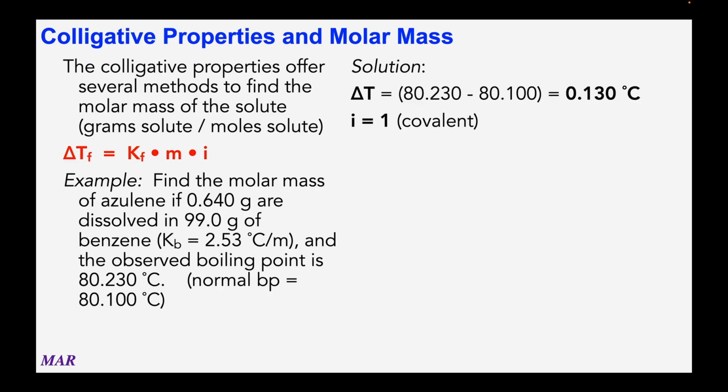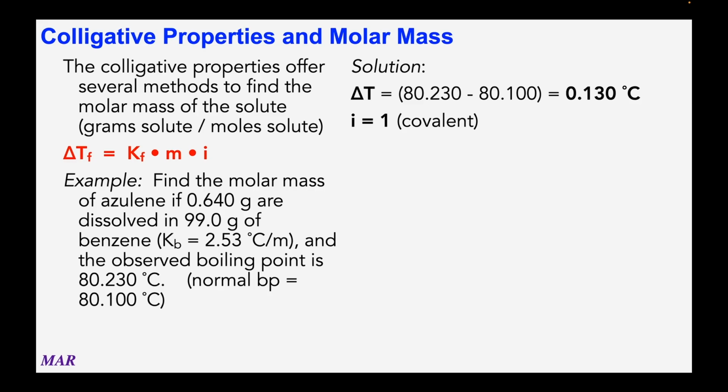There's a lot of instrumentation that does it, but it's also nice to have a chemical method to do it. So let's do an example of how you can find the molar mass for a boiling point solution problem. In this problem, we've got a compound called azolene, and azolene is being dissolved in benzene. By the way, these are both organic compounds, covalently bonded, so we don't have to worry about the i factors.